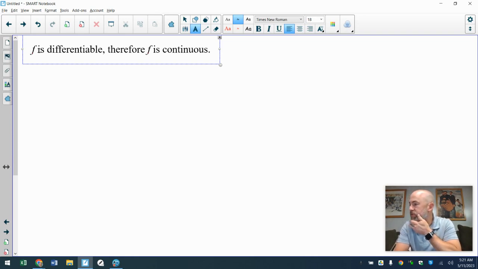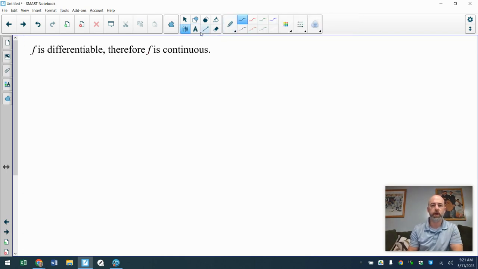F is modeled in gallons per second. T is measured in seconds since pumping began. And f is given in the table. Okay, use correct units to interpret the meaning of this. For part A, the question is asking about the antiderivative from 60 to 135 of f of t dt.